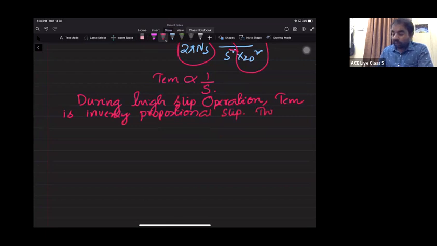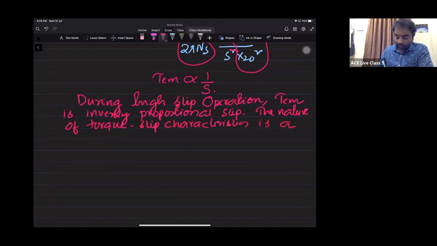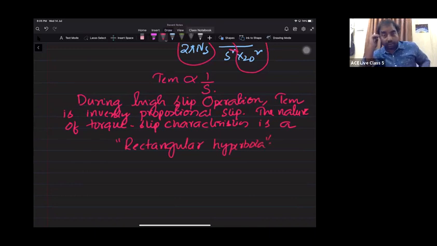The nature of the torque slip characteristics is a rectangular hyperbola. Rectangular hyperbola. I'll draw that, don't worry. I'll take the same railway coolie example.